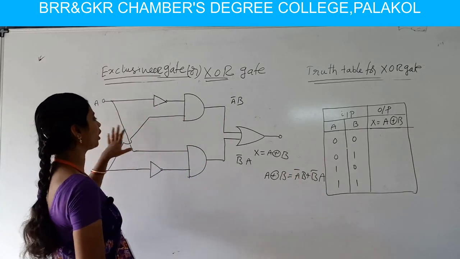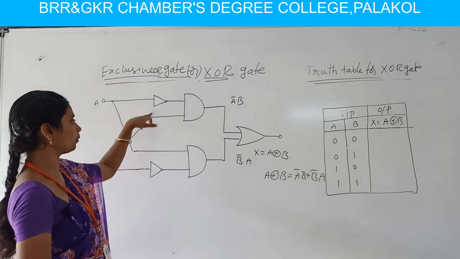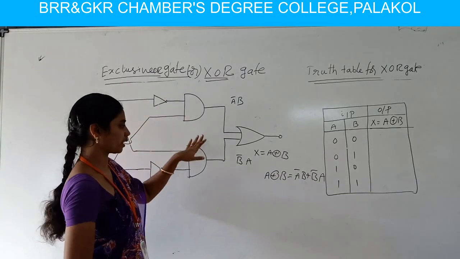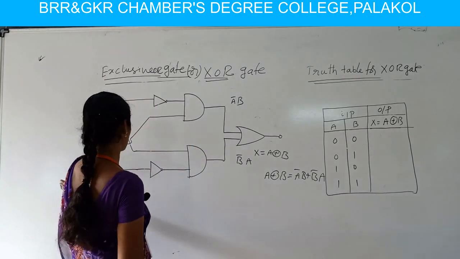I hope you are following. We consider here 2 NOT gates, 2 AND gates and a single OR gate. By constructing in this manner, we have this exclusive OR gate.